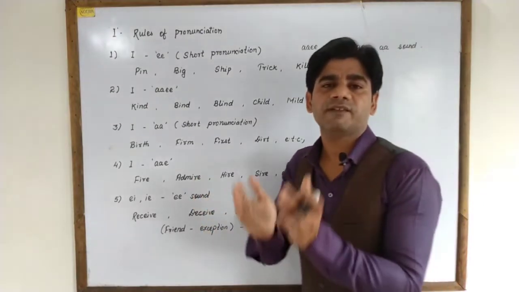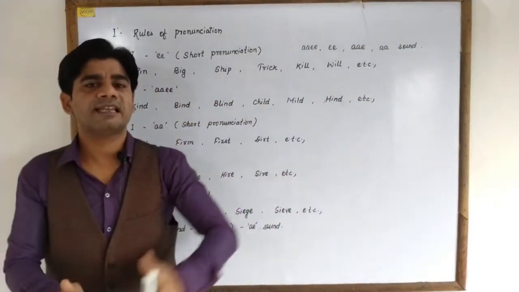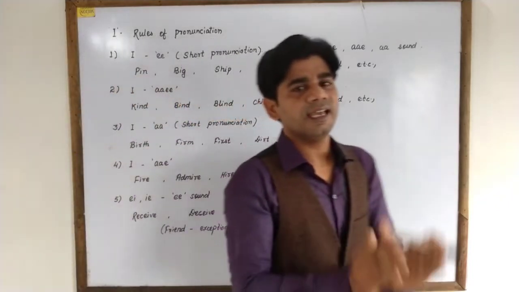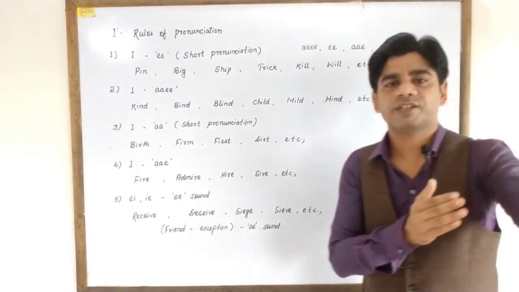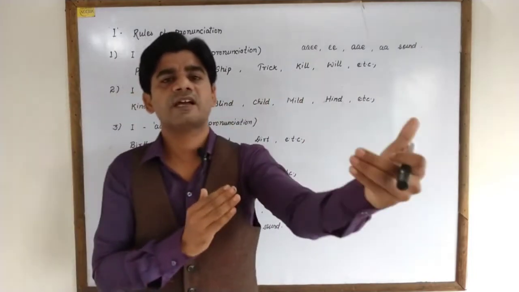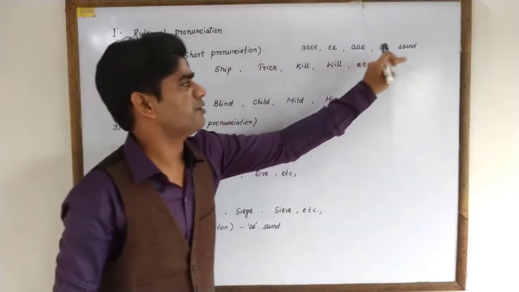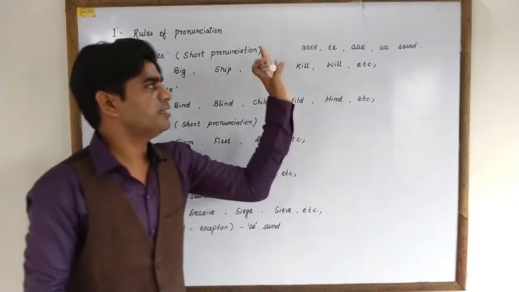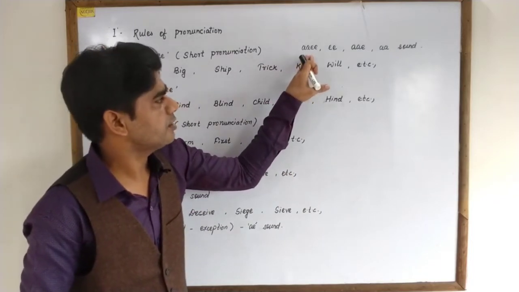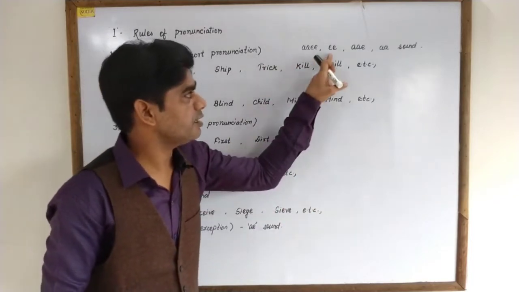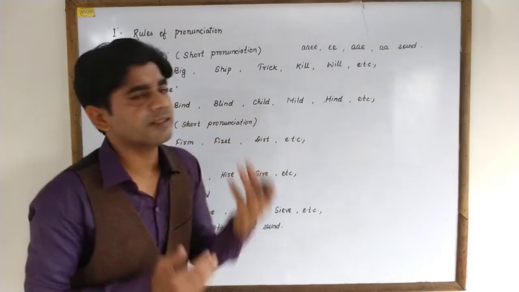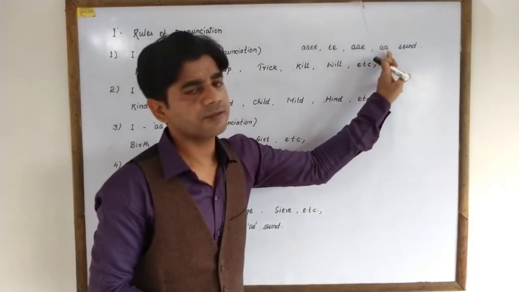Now the last topic we have in today's video session is the letter I and its rules of pronunciation. There are some words that contain letter I and it produces different sounds in different situations. So what are those different sounds? The letter I produces I sounds, E sounds, sometimes the letter I produces I sound, and sometimes A sound in short.